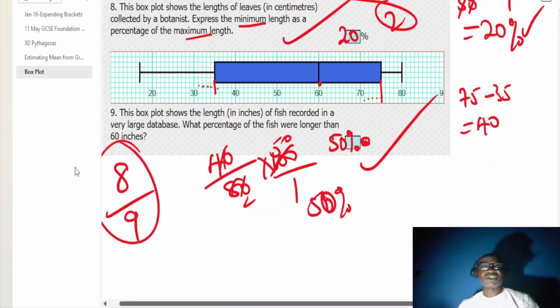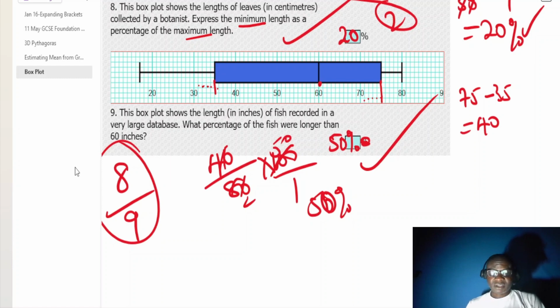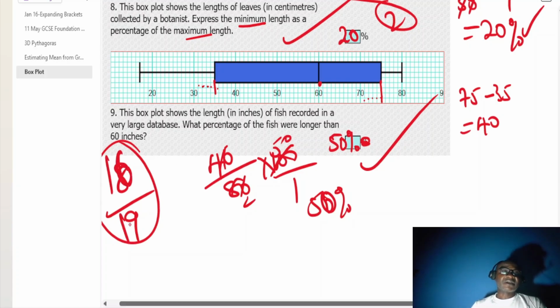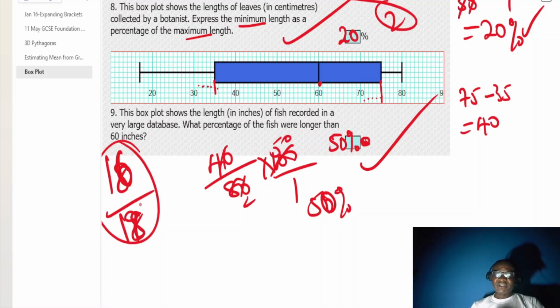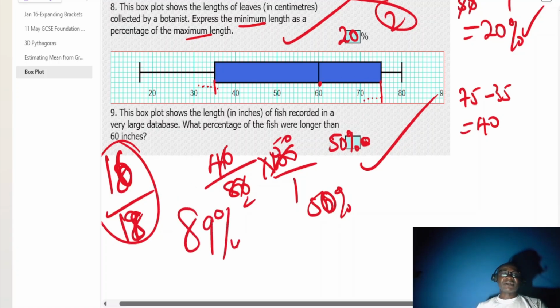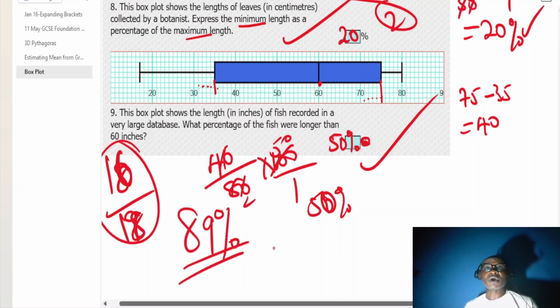Only the second question is what you narrowly missed. That is 2 marks each, so that is going to be 16 out of 18, which gives us exactly 89%. You got almost 90%, and that is a very fantastic work.